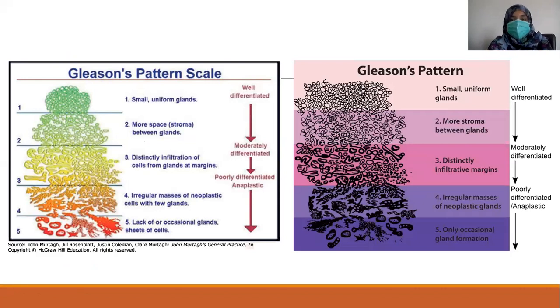For example, the most common pattern is distinct infiltration of cells from glands at margins, and its score is 3. The second most common pattern is the lack of or occasional glands with sheets of cells, and its score is 5. We add up these two scores. In this scenario, the most common pattern is pattern 3 and the second most common is pattern 5. We add them both: 5 plus 3 is 8.